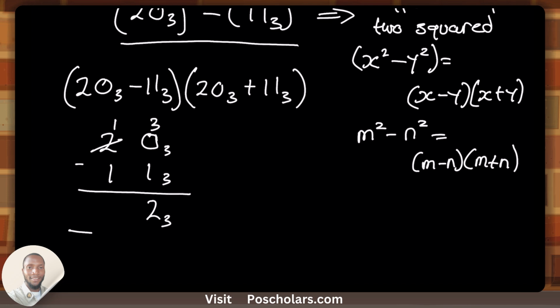Now we have solved for this part, right? Now let's solve for this part. So you have 20 base 3. This time around is addition, plus 11 base 3. So let's quickly add 0 plus 1, 1. So write our 1. You can see it has not exceeded the base, which is 3. We don't have an issue. 2 plus 1, that's what? 3.